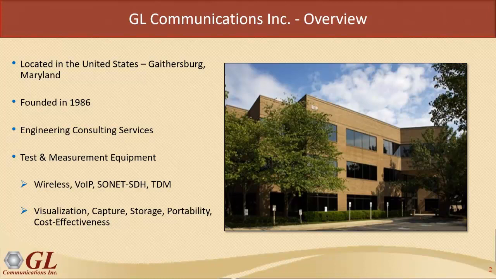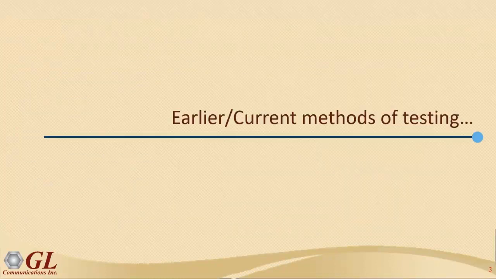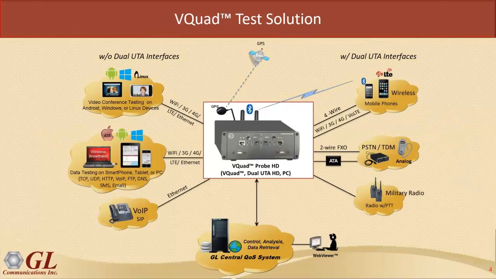To get started, before I hand over to Rob to introduce the new product, I wanted to take one or two slides to show you our current offerings and our current method of testing. This product is a mature product on the market now, and we're calling it either the VQuad Probe, or Dual Utah. VQuad is the software that runs this product, and the Dual Utah is the hardware within it.